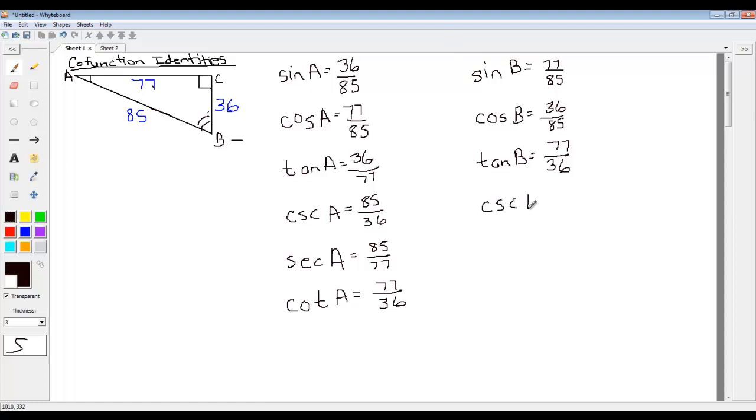So cosecant B takes the 77 over 85 from sine of B and flips it, does reciprocal, 85 over 77. Secant of B, that's the reciprocal of cosine, so we're going to get 85 over 36. And then cotangent of B, that's the reciprocal of tangent, so we're going to get 36 over 77.